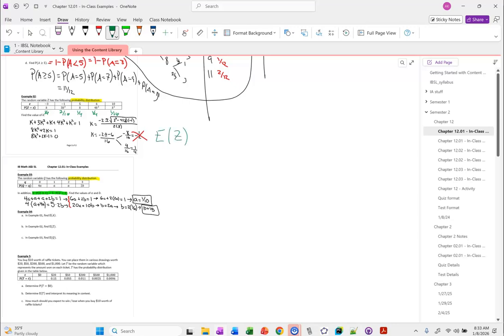And then E of Z, or the expected value, is that.